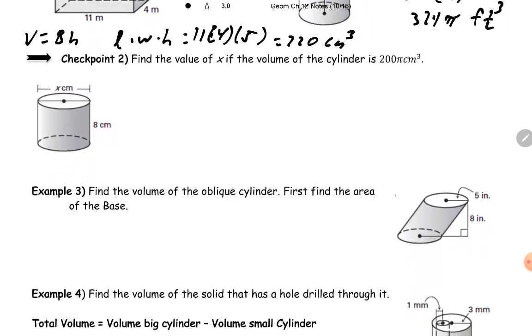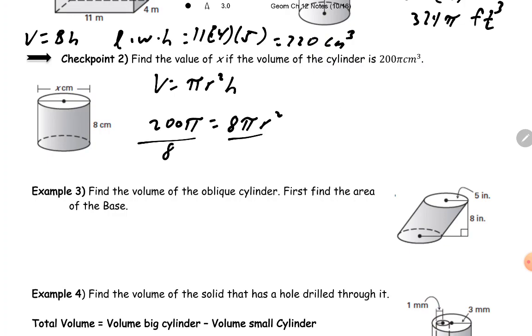Find the value of x if the volume of the cylinder is 200 pi. Okay, so they want to find the diameter. So we're going to have to use our formula to find the radius. Because our formula goes like this. Volume equals pi r squared times height. Okay, so we have 200 pi equals h is 8 pi times r squared. Divide both sides by 8 pi.